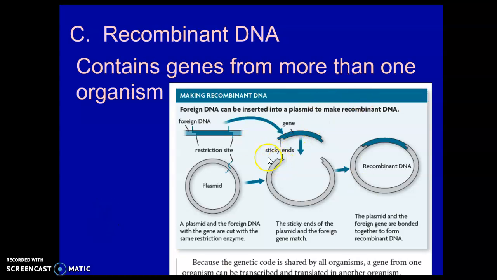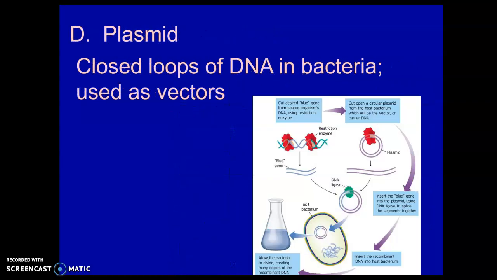Because of the universal nature of DNA, I can put together two different genes from two different organisms because A goes with T and C goes with G, always in DNA. A plasmid is a single circular piece of DNA in bacteria, and it's often used as a vector, or vehicle of transmission of genes, during genetic engineering.